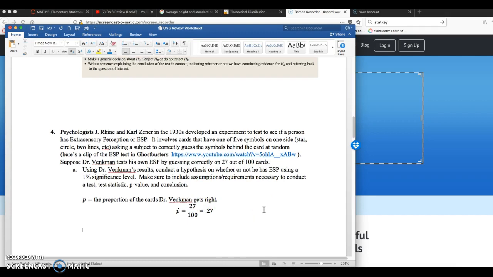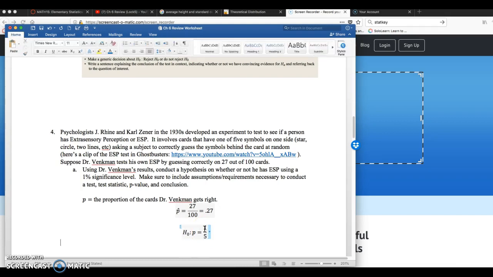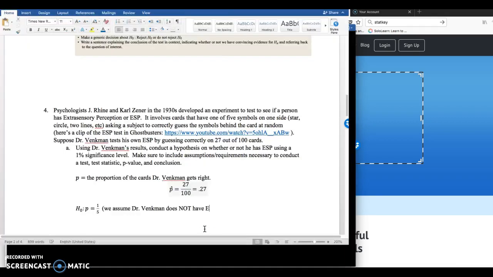So I want to set up a hypothesis test. It's going to be p equals 1/5, so one proportion, the proportion of cards Dr. Venkman gets right. We are going to assume that Dr. Venkman does not have extrasensory perception, so he is just guessing at pure chance. I'm going to put a parenthesis here: we assume Dr. Venkman does not have ESP.